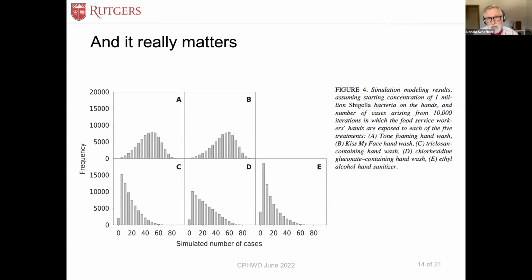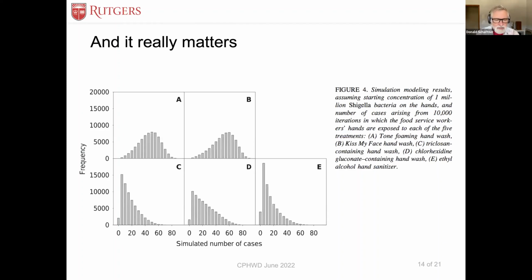So we have 100 people eating these melon balls, and a certain percentage of the time, different numbers of people get sick. For the 2 non-antibacterial products, most commonly you have about a 50% chance of illness. So about 50% of the people that eat the melon balls get sick, based on the effectiveness of the hand wash and the assumed dose response model for Shigella.